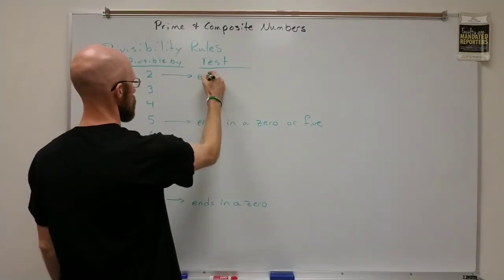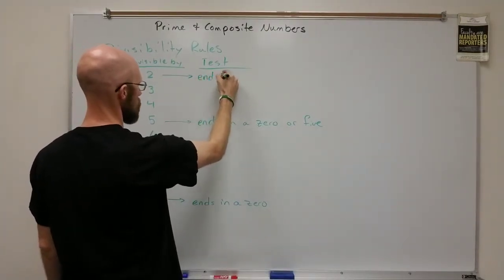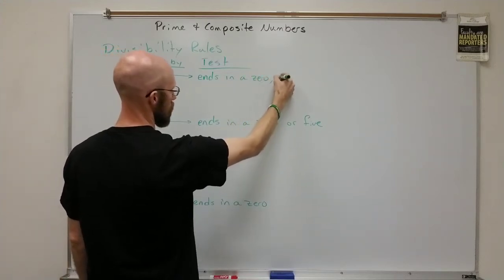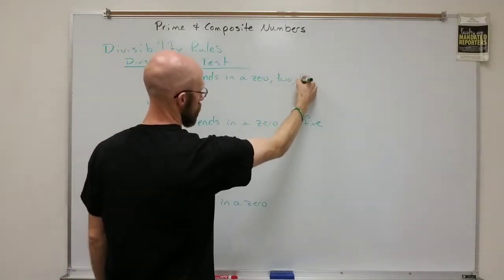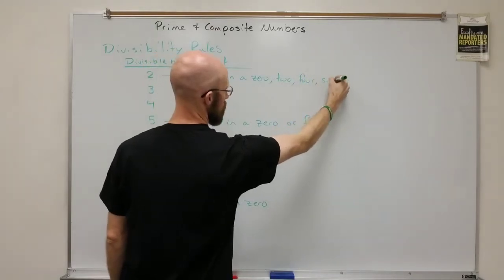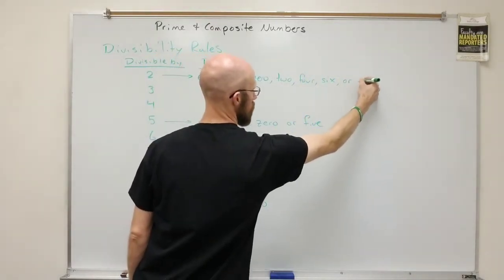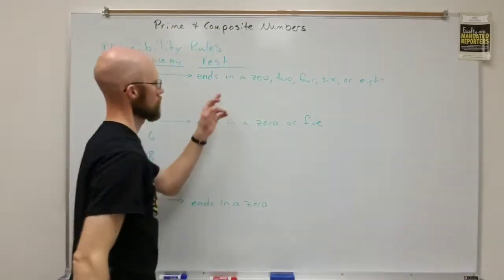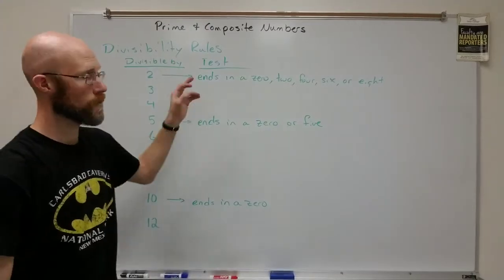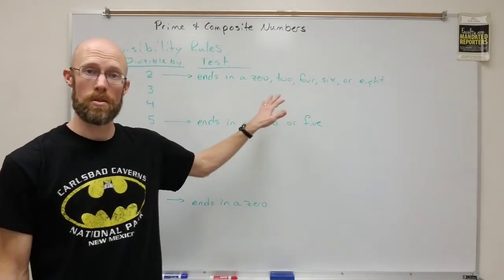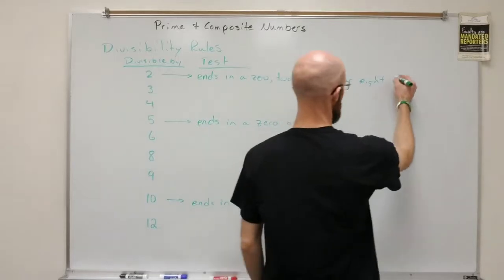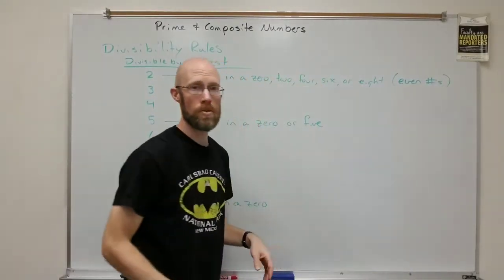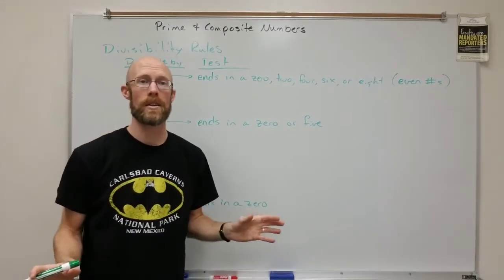So with 2, they end in a 0, 2, 4, 6, or 8. As long as the ones place has a 0, 2, 4, 6, or 8 in it, it will be divisible by 2. Those numbers are what we call even numbers. Anything divisible by 2.